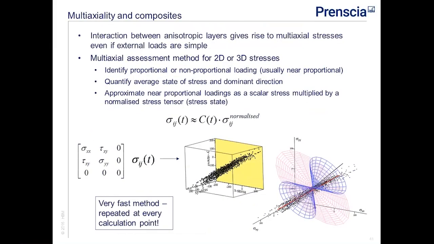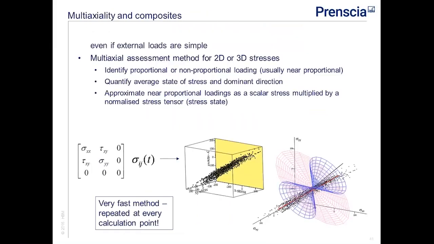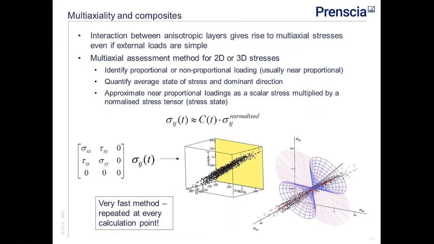Multi-axial assessment allows us to identify whether we're dealing with a proportional or non-proportional loading, first of all. Now, most cases will turn out to be nearly proportional. And it could also allow us to identify the stress state at any location in a model, including the dominant stress direction.